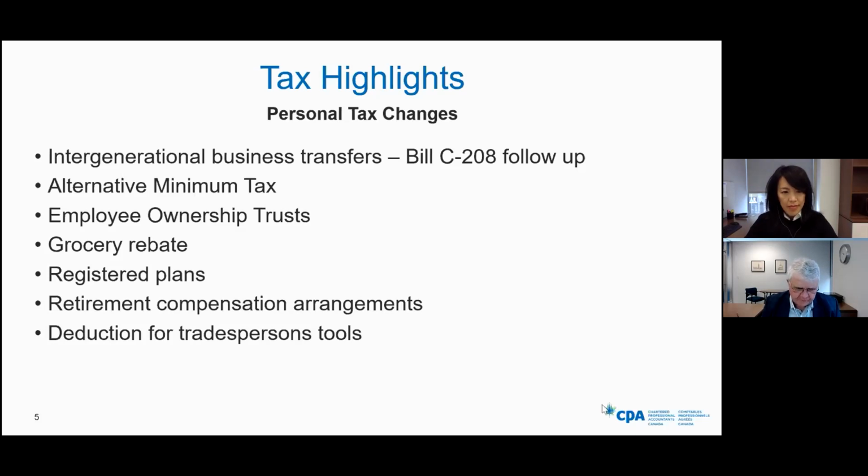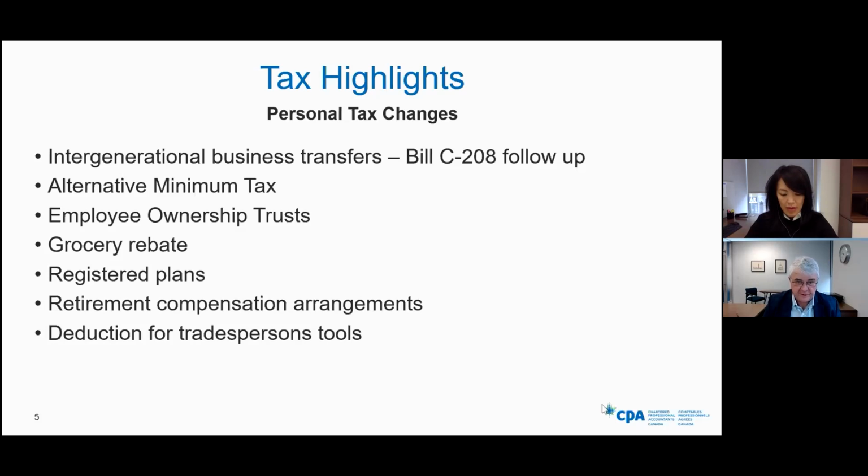There was another rule as well for registered disability savings plans, where one issue would be for individuals who are mentally challenged, are they able to open a plan? So there was a rule that allowed others to step in and open a plan for them. So they're going to extend that. It was a temporary provision, so they're going to extend it 3 years.